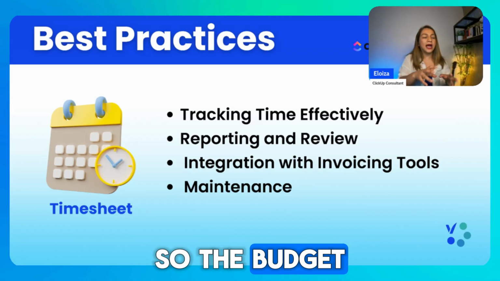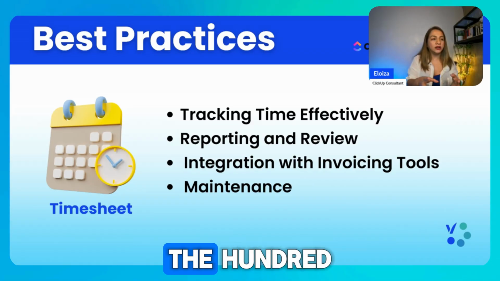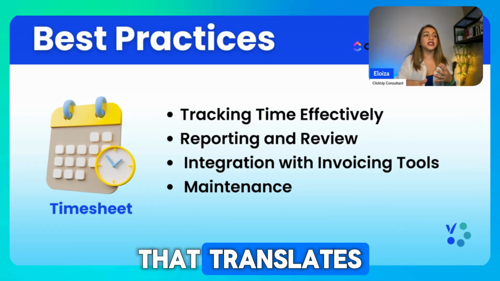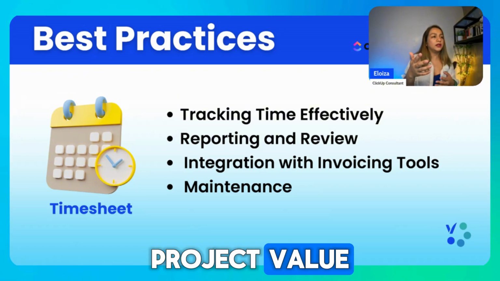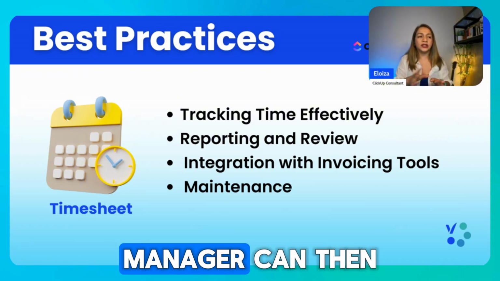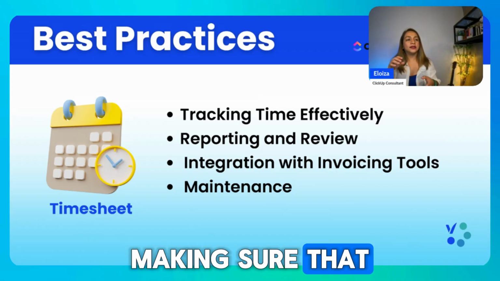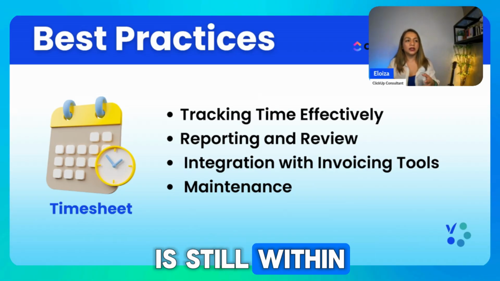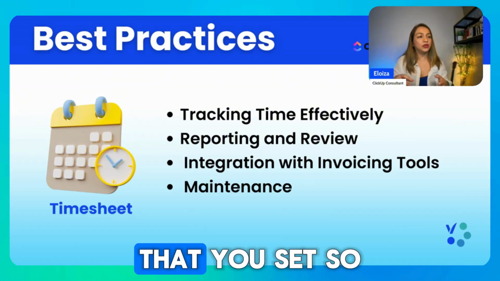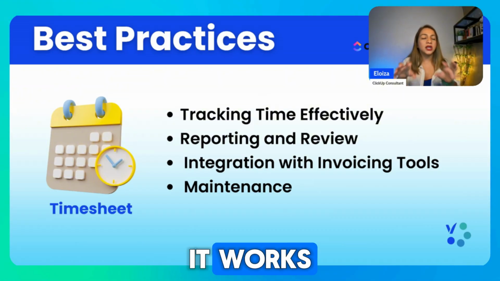Make sure the hours that you set, the 100 hours, translate to the total project value. Then the project manager can keep track of the deliverables, making sure the project is still within the time estimate that you set. So that's very helpful. It works hand in hand with the time estimate.